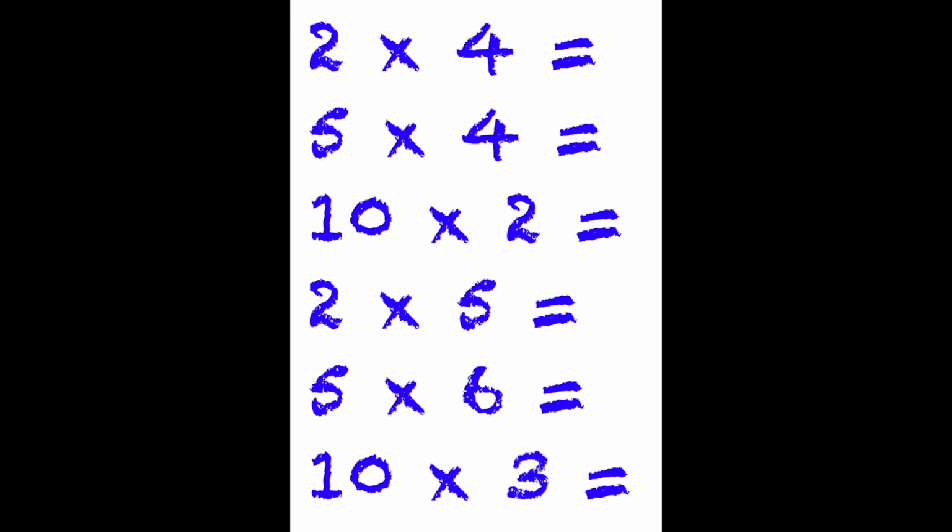So for example, with 2 times 4, you're going to make an array with 2 groups of 4. Then you're going to circle it both ways. Then you're going to write its matching number sentence, which will be 4 times 2. Okay, so you're going to make arrays for all of these number sentences, circle the 2 different ways with different colors, and then write the matching number sentences.